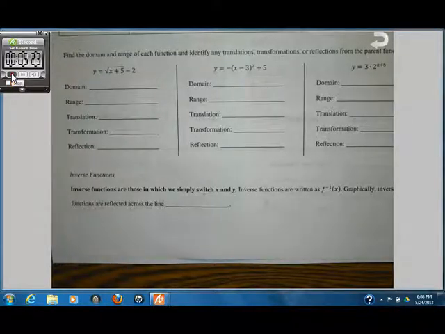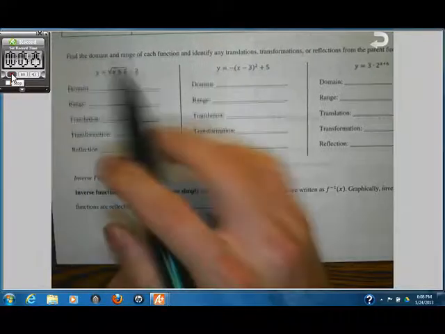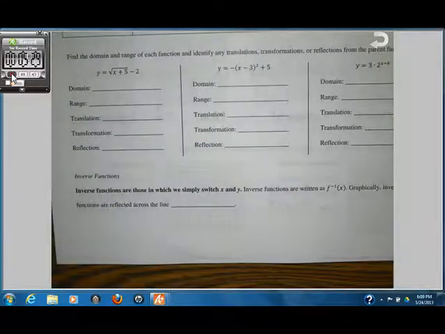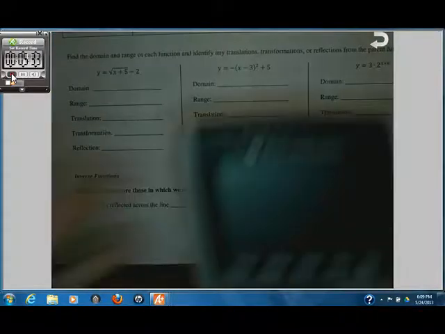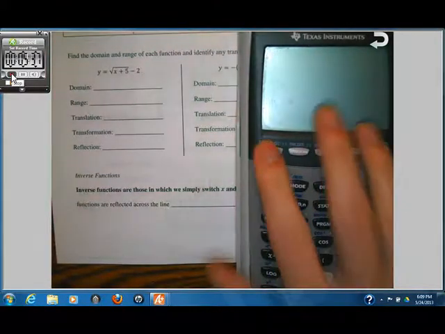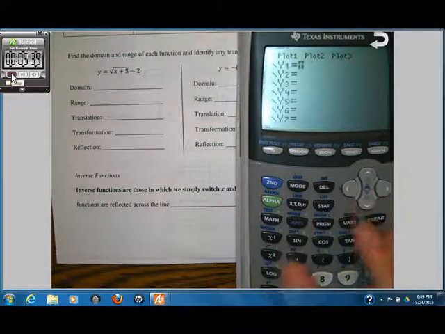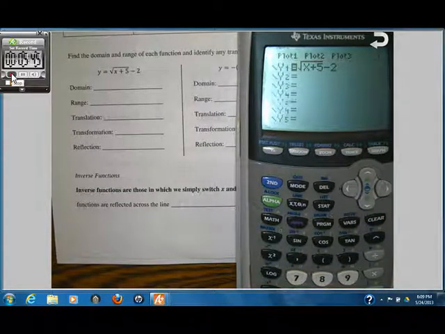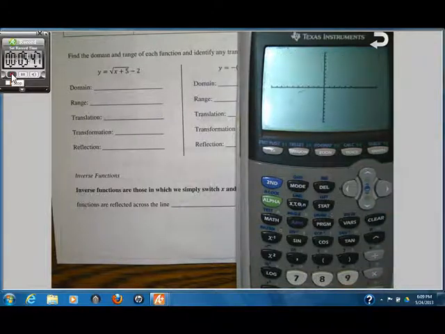Now, if you have to visualize it, you shouldn't have to, but if you have to visualize it, you can always graph the bloody thing. So you've got the square root of x plus 5 minus 2. It's a square root curve. It has a vertex here at -5, -2, and it's going up.